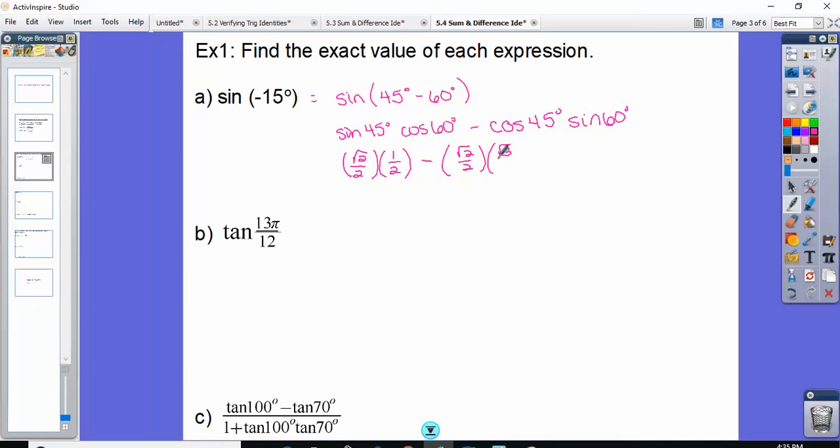Sine of 60 is radical 3 over 2. Multiply tops and bottoms just like yesterday, so radical 2 over 4 minus radical 6 over 4, or you could write that as radical 2 minus radical 6 all over 4.